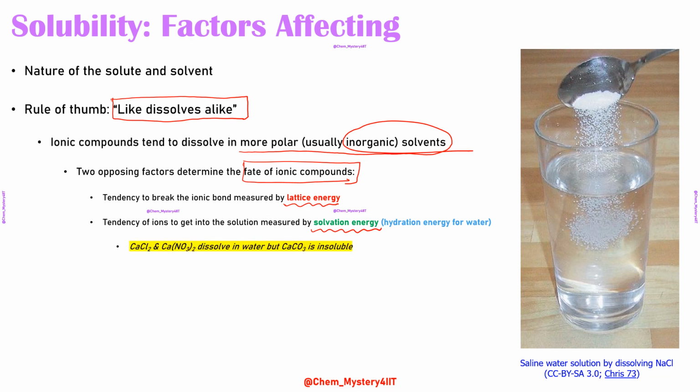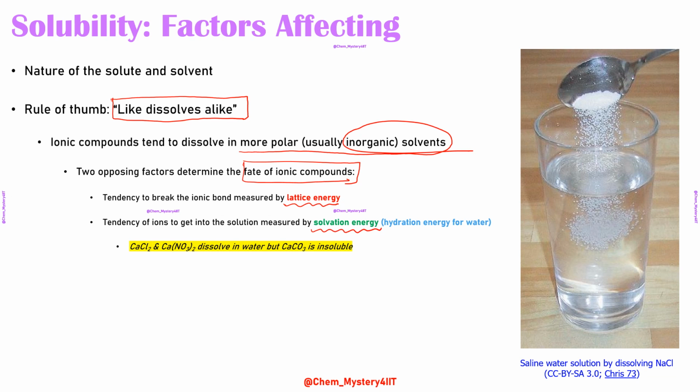And we have got an example. So the idea is, if the lattice energy is less and solvation energy is more, then our compounds will tend to be more and more soluble. If things go the other way around, like if lattice energy is more, meaning more energy is required to break the bond and less energy is released when they are getting solvated, when they are getting hydrated, then things are going to be insoluble.